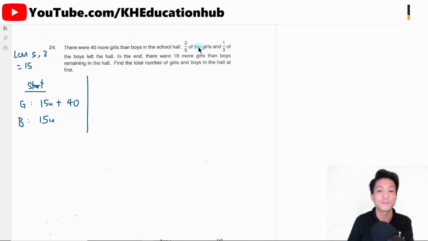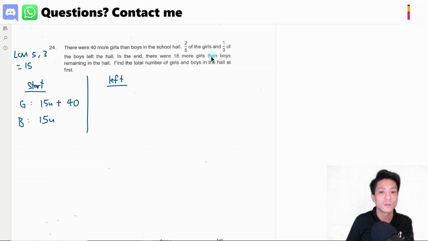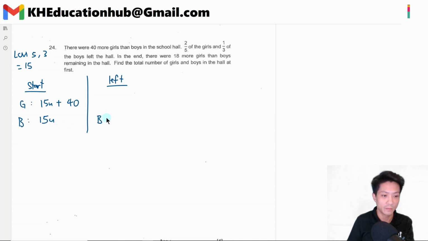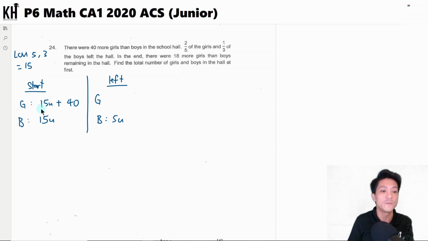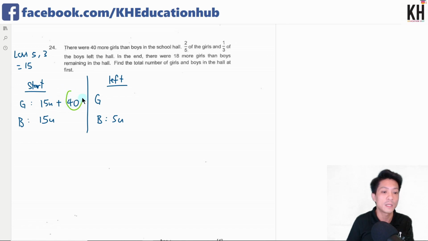Okay, 2/5 of the girls and 1/3 of the boys left. So those who left, okay, I'm gonna do the boys first because 1/3 of the boys, this will be a bit easier. 1/3 will be 5. Okay, for the girls, it will be 2/5. 2/5 of 15 units will be, okay, in case y'all don't know about this method, if you want to find 2/5 of the girls, you can find 2/5 of 15 units plus 2/5 of 40, and that will be equal to 2/5 of the total.